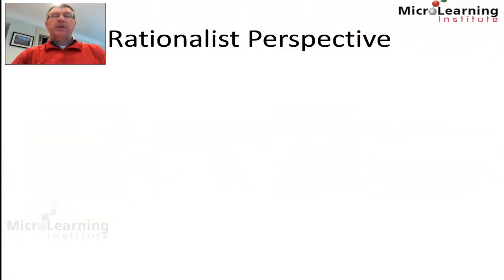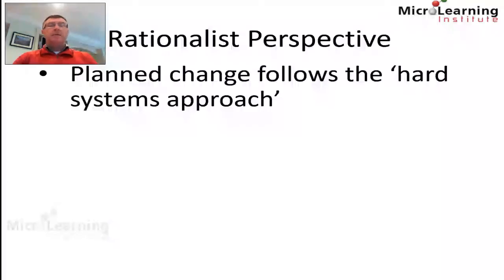Now, there are a number of perspectives that we can take with respect to how we approach change. The first perspective is what's called a rationalist perspective. Here we believe that planned change follows a hard systems approach, i.e. that change can be delivered using systems, processes and procedures.